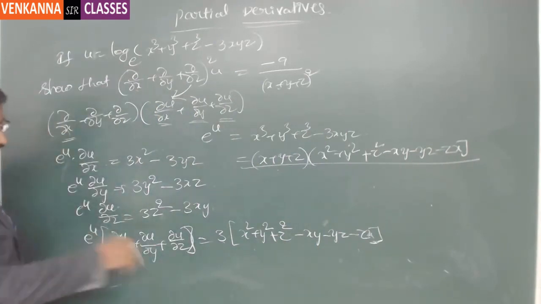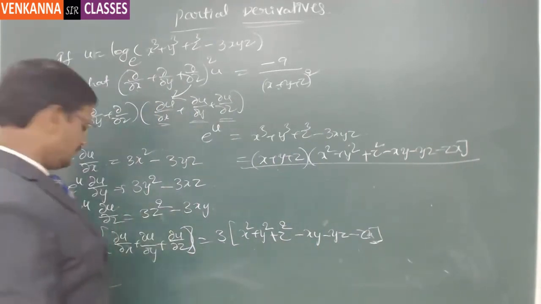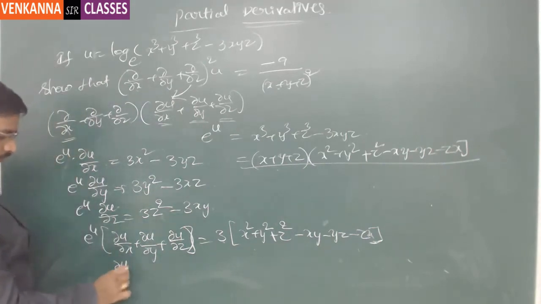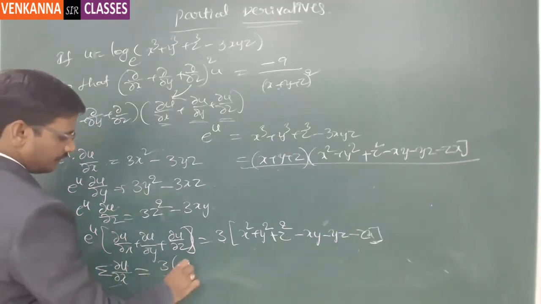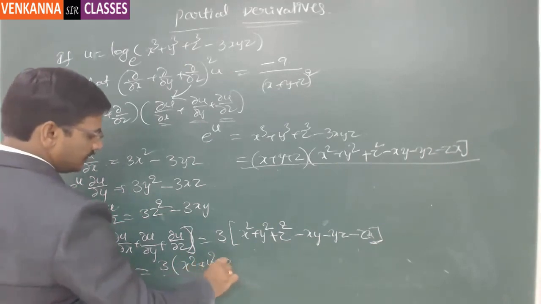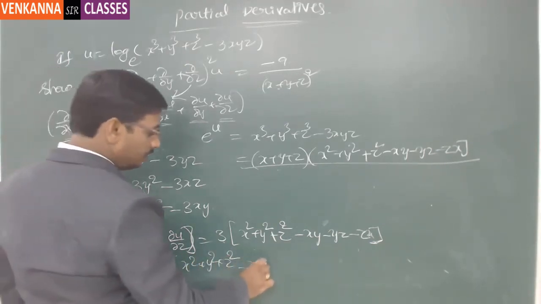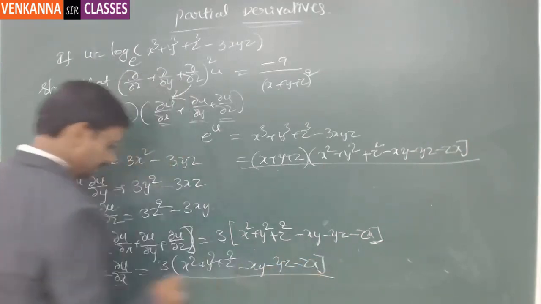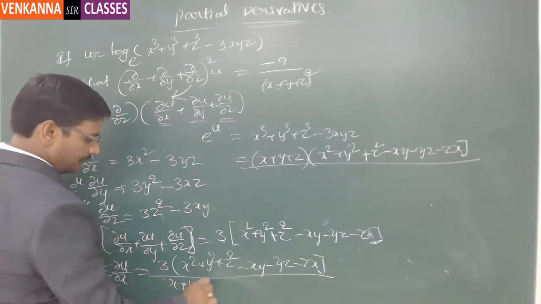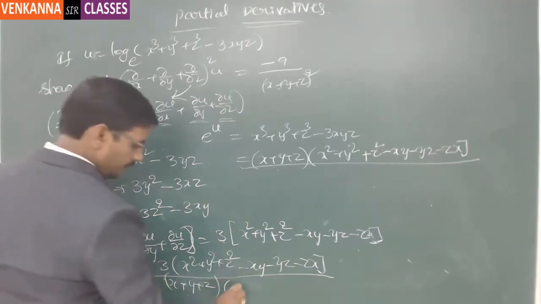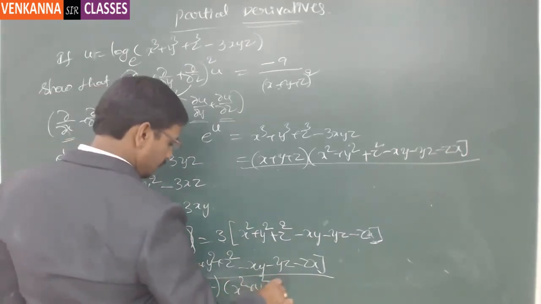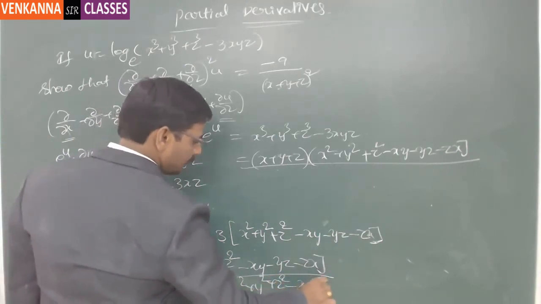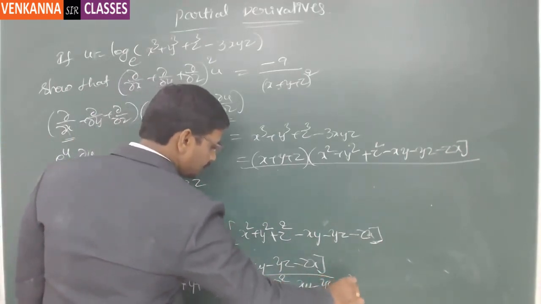So if you take this e^u to the other side, then this will be ∂u/∂x plus ∂u/∂y plus ∂u/∂z, sigma, if I keep it rather than writing every time. So this will be 3 times (x² plus y² plus z² minus xy minus yz minus zx) divided by (x plus y plus z) into (x² plus y² plus z² minus xy minus yz minus zx).